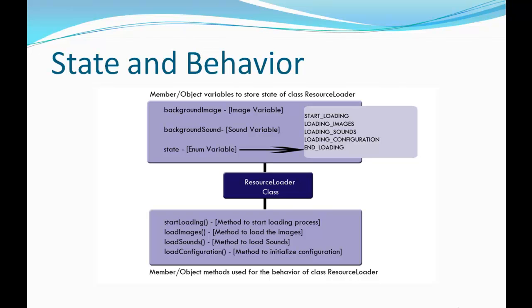be formulated. To track the state of a resource loader, we can have a variable known as background image, which stores the background image, background sound, and state to track the state of resource loader.